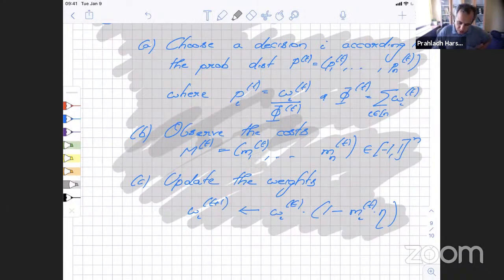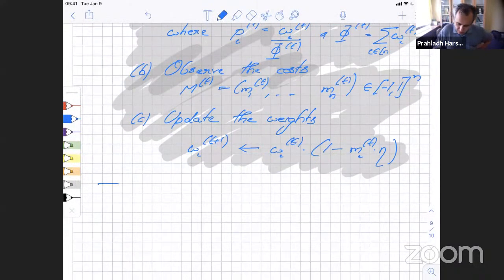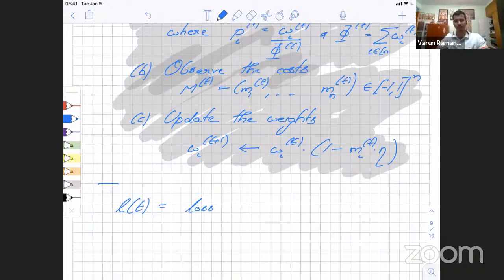Okay. So once again, this refers to that first one. What we will talk about are two things. We're going to talk about the loss at a particular time step of the algorithm. This is what I want to write. This loss of the MW algorithm with eta at time t.